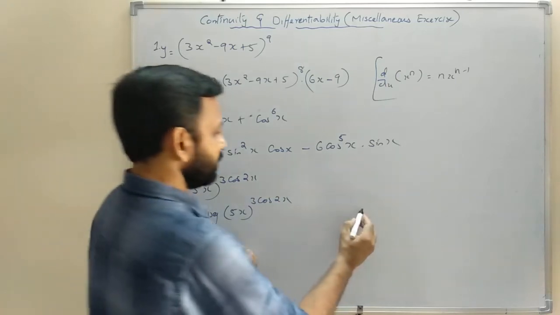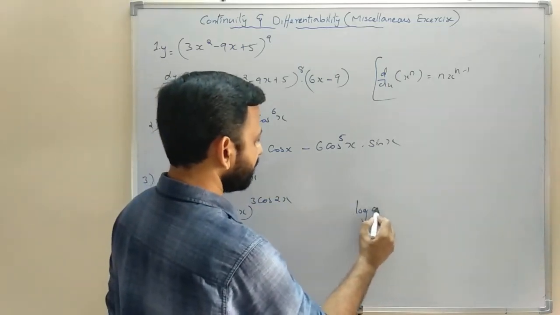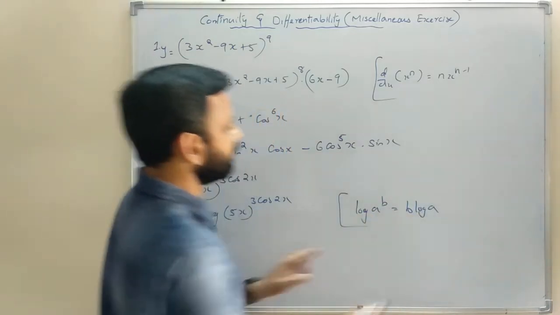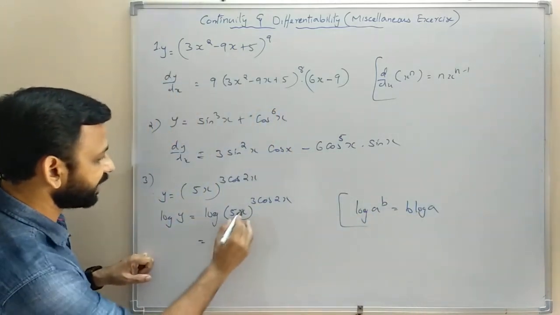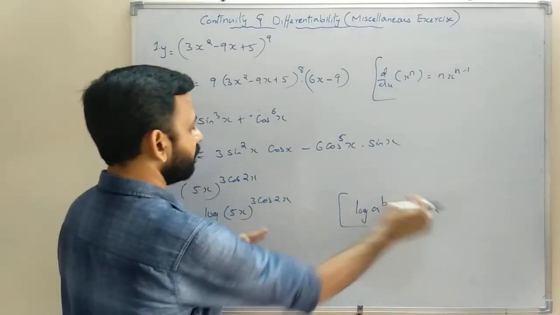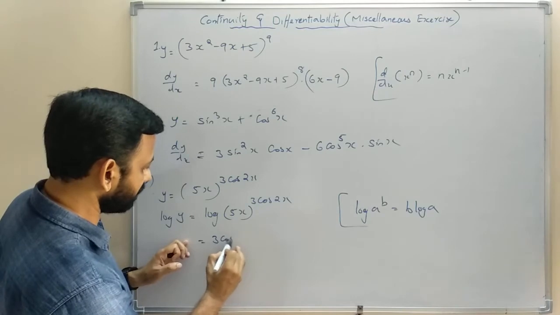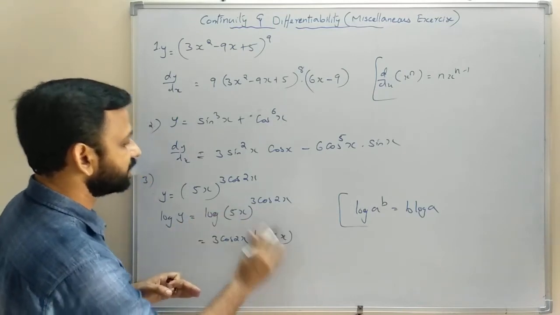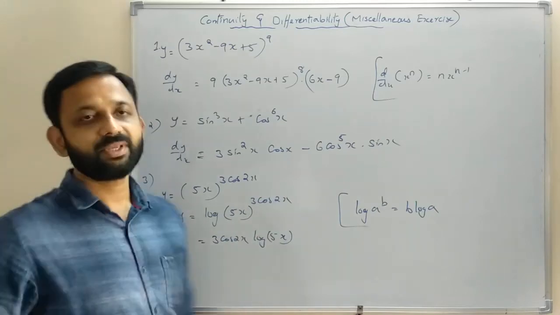Then log a raised to b equals b log a. By using that property, the right side we can write as 3 cos 2x log 5x.